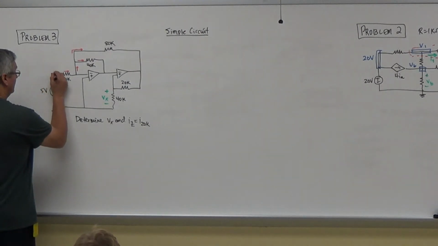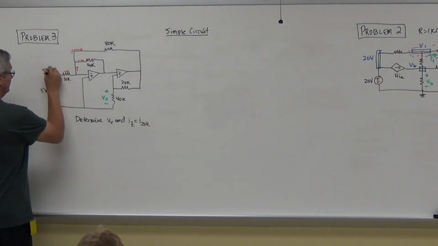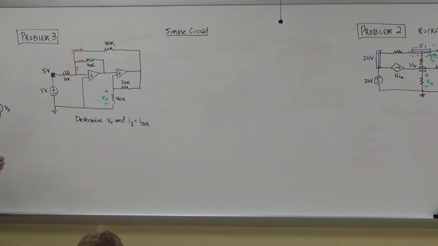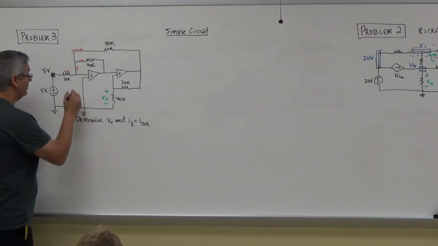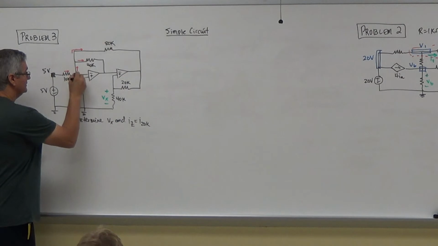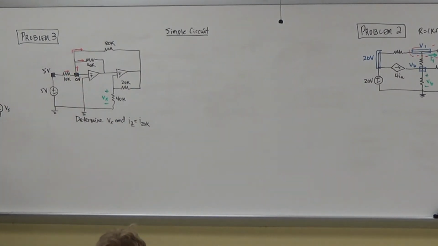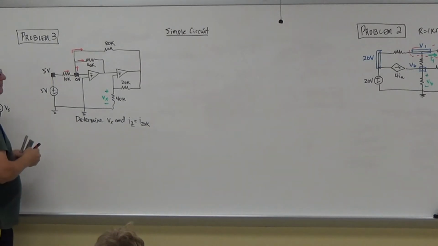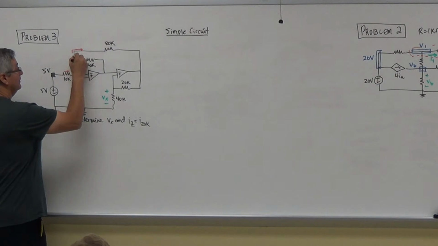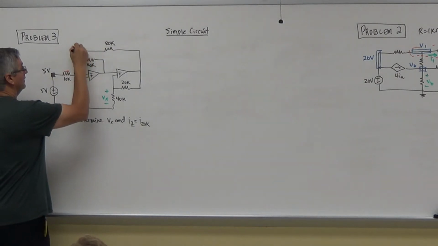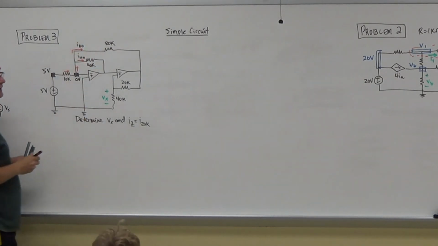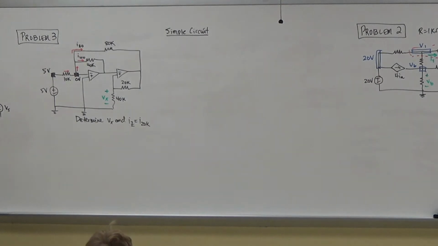So this has to be 5 volts. If that's 5 volts, I know that this guy is ground, so this node here has to be 0 volts right there. So I'm going to follow the current. Let's label these currents here. I'm going to be imaginative, and I'm going to call this I-40 and that guy I-80. So I'm always following the current.